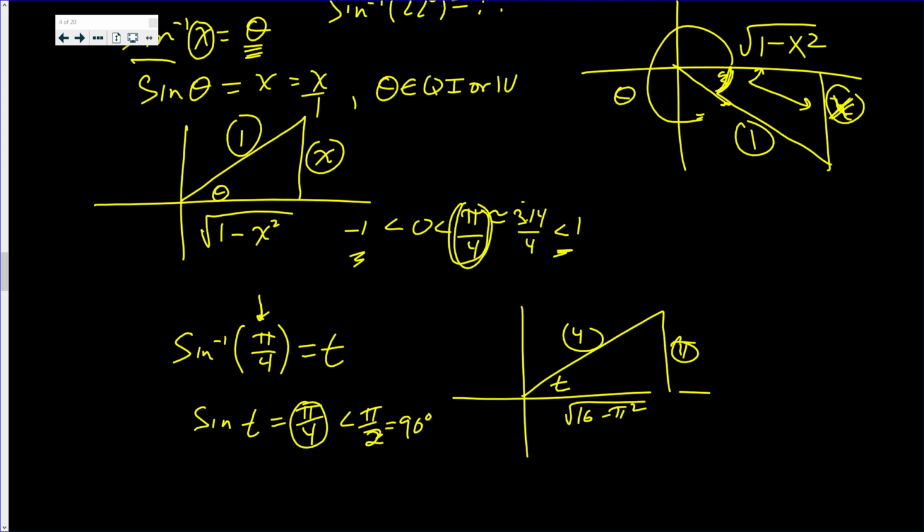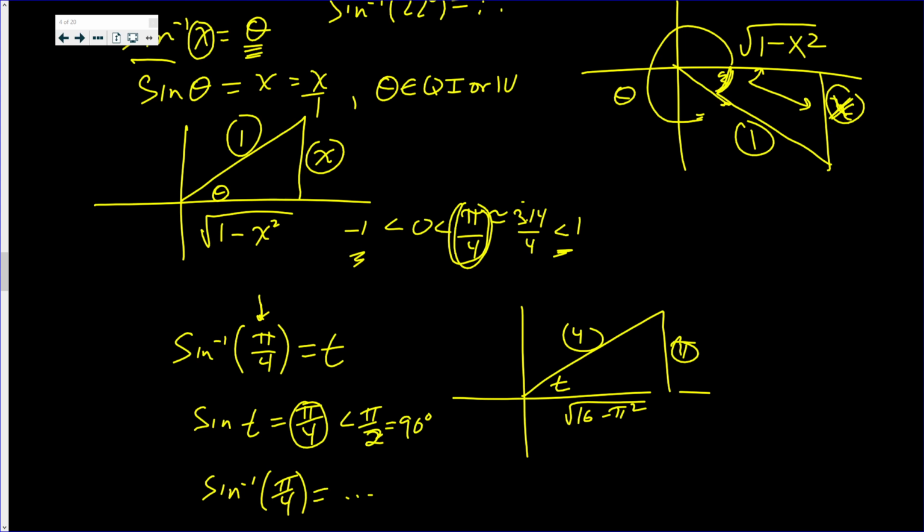I mean, I can tell you the cosine of t and the tangent of t. I mean, with the calculator, I could type in the sine inverse of pi over 4 and get, depending upon the setting on your calculator, degrees or radians.